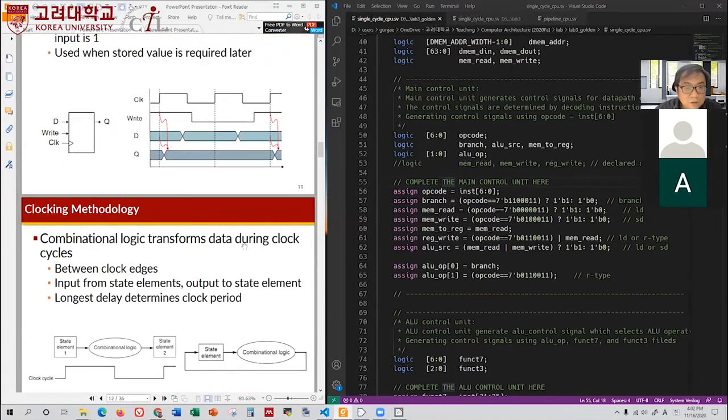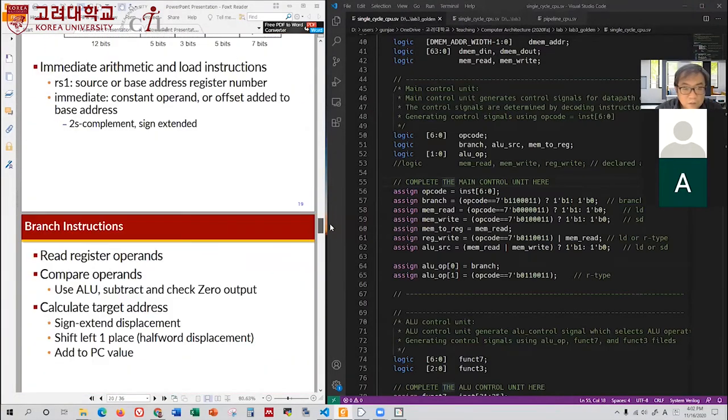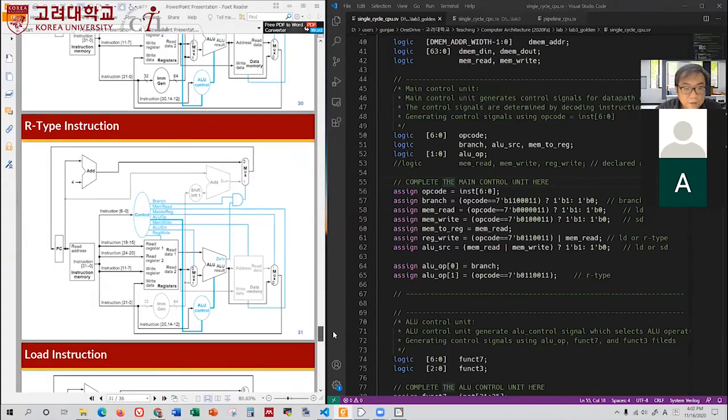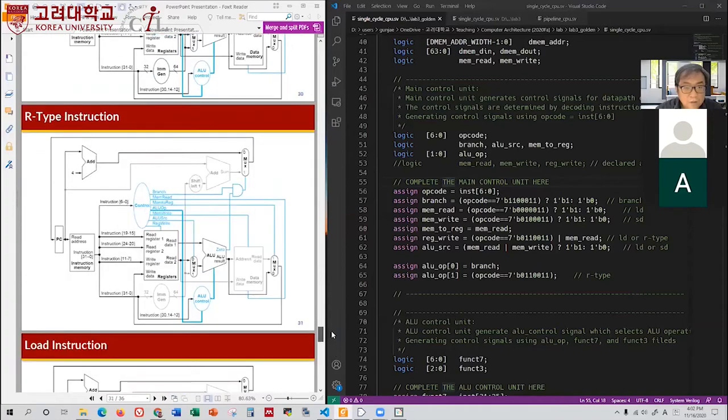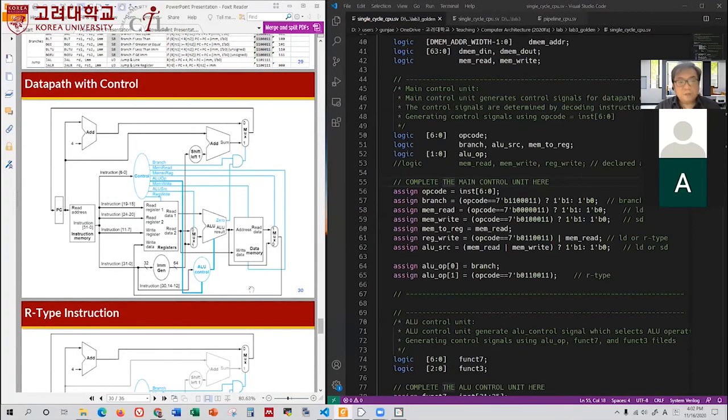Let me check where the single cycle processor design is. Okay, here, data path with control. So this is the single cycle processor architecture.